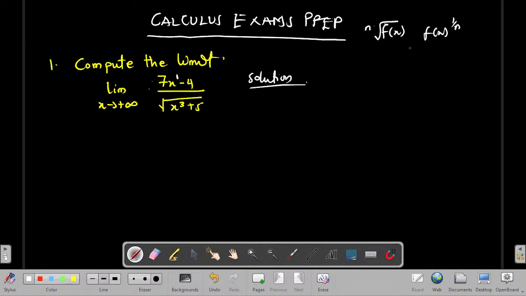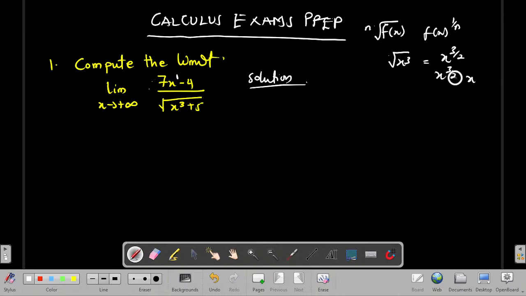So if you have the square root of x cubed, then the degree of x is x to the power 3 out of 2, not 3. So we have x to the power 3 out of 2 and we have x. Which one is the highest power? The highest power is x to the power 3 out of 2.